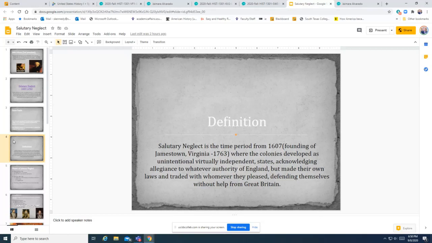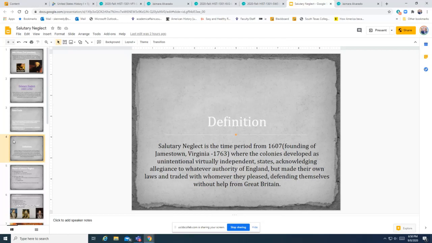But in 1763, if you were to ask any colonist living in any part of British America, do you foresee the colonies breaking free from Great Britain? The answer would have been, no, of course not. I'm a proud British subject. I don't see any problem.